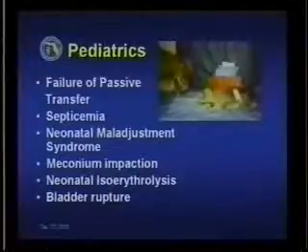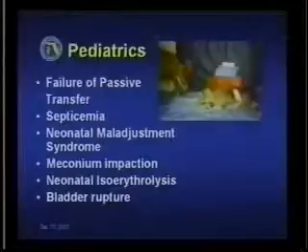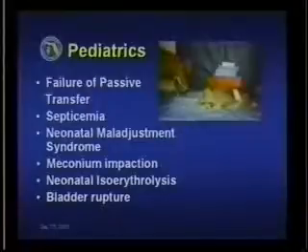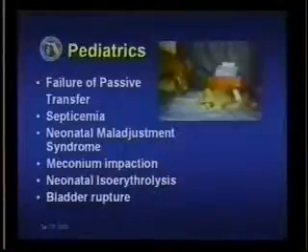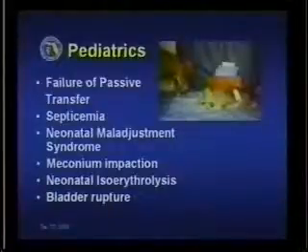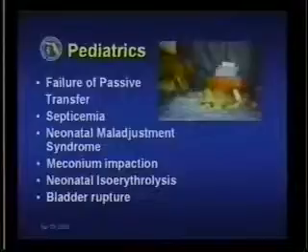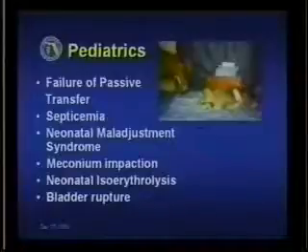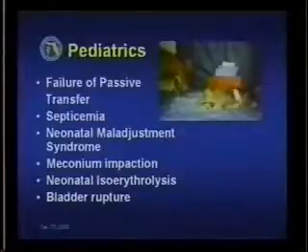Most of the time, these are mares that have had several foals in the past, and this is caused by the fact that they have a blood type that is different than the stallion's blood type, and if the foal inherits the blood type from the stallion, the mare has formed antibodies against this blood type that are passed on to the foal when the foal ingests the colostrum, and these antibodies will end up lysing the red blood cells and cause a profound anemia and very often severe icterus in these foals. They usually show signs of weakness and anemia within the first few hours after birth.